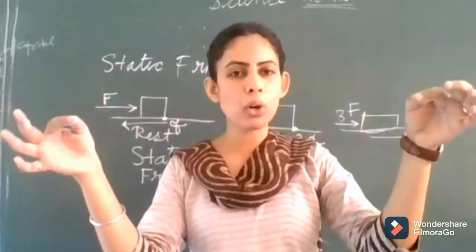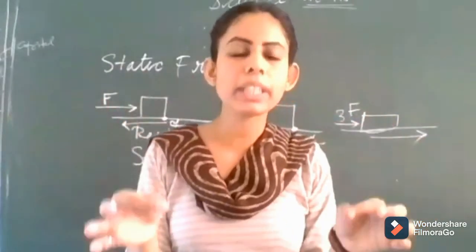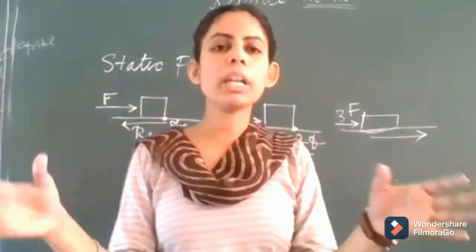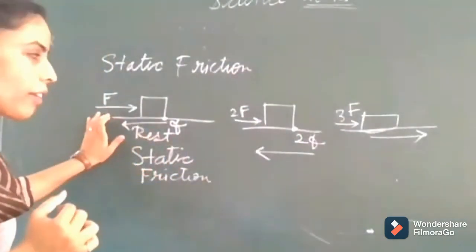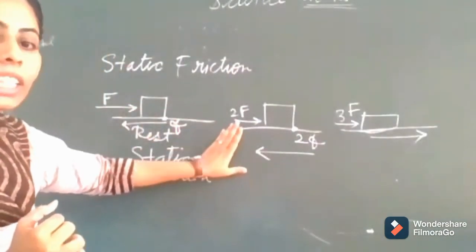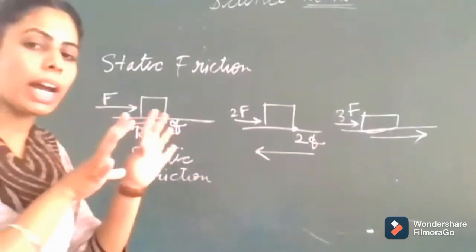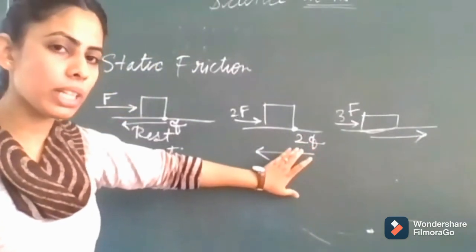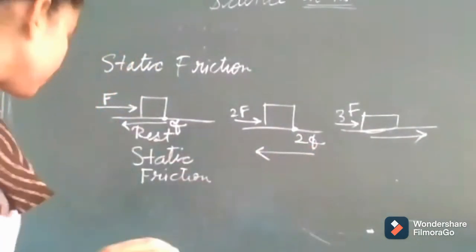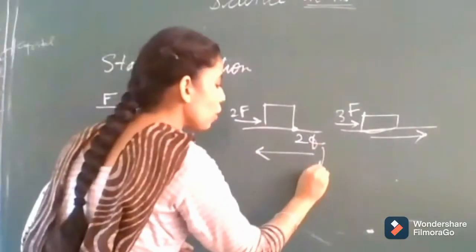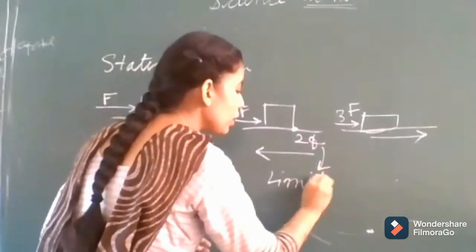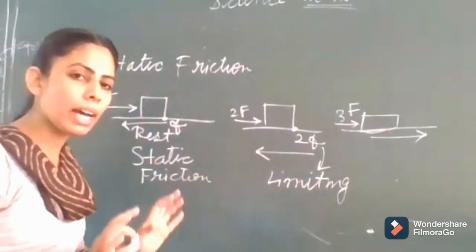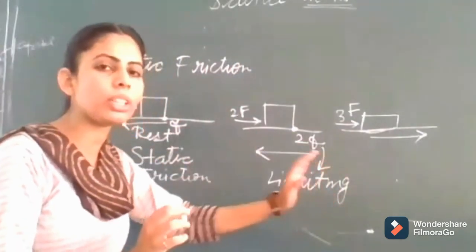We stretch it, we apply force, and a certain limit comes when the elastic rubber will break. It is similar to that condition when I am applying F force and 2F force. It is not moving, but when I apply more force than this 2F force, it is the limiting force. It is the limit that it will not move up to a force of 2F. When I apply a force more than the limiting force, then it will move.